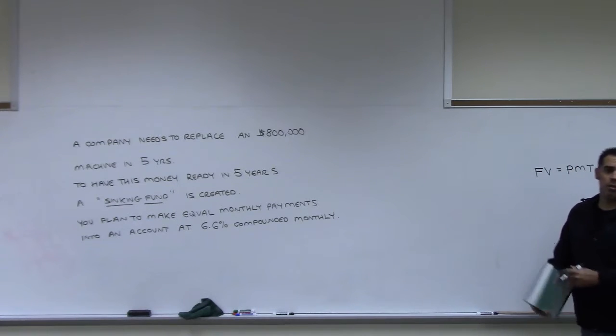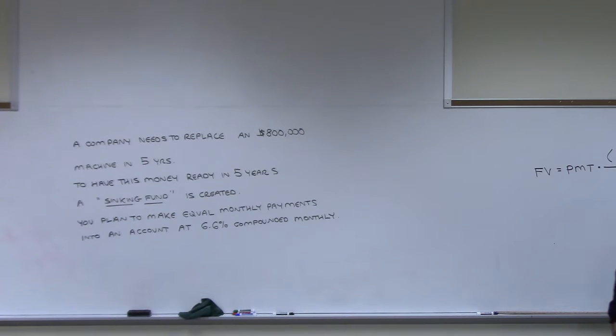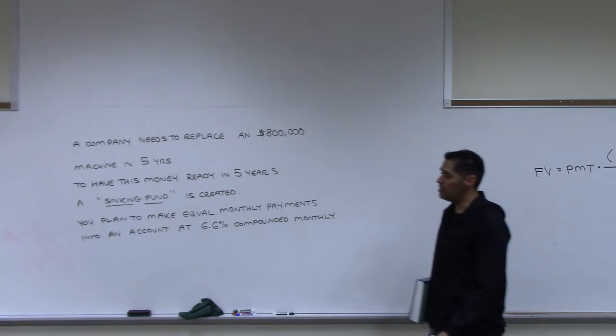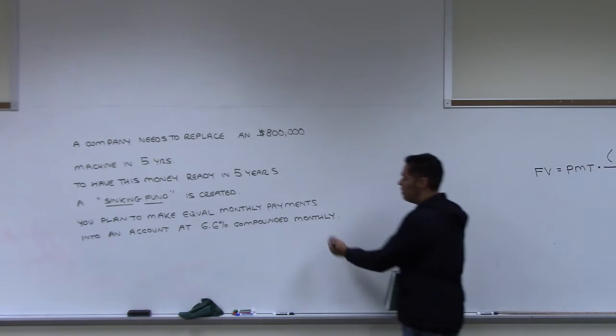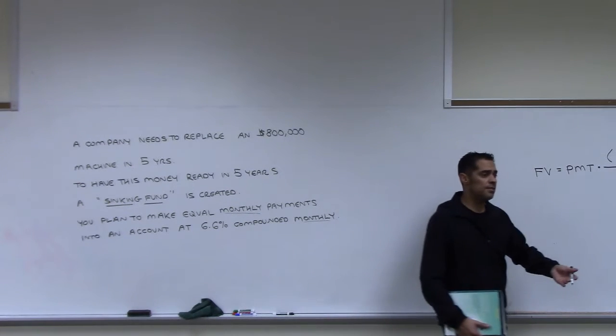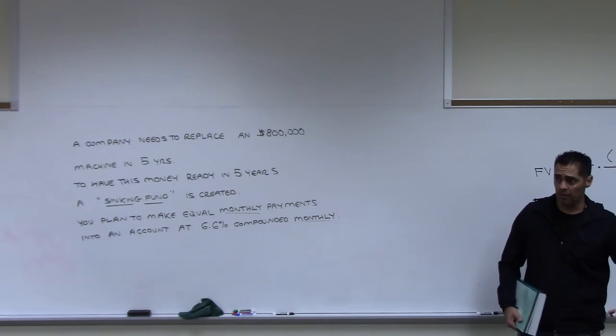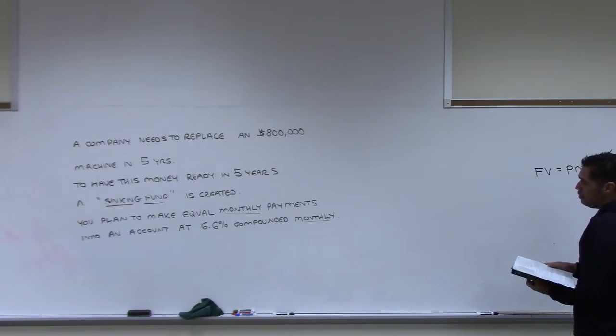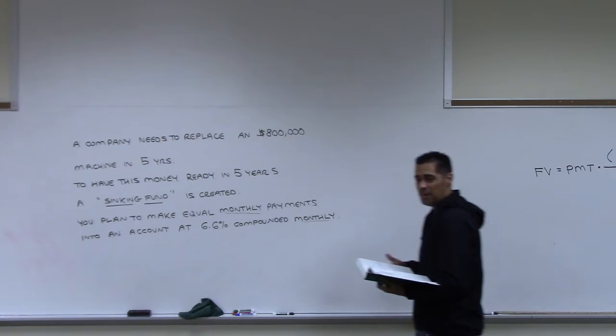So every month we're going to pay into this account. We're going to be earning interest on this account, 6.6%. And that 6.6% is compounded monthly. Notice that the monthlies match. In the previous problem, we were making annual payments and the interest was compounded annually, right? All right. So what do you think the question is going to be here?